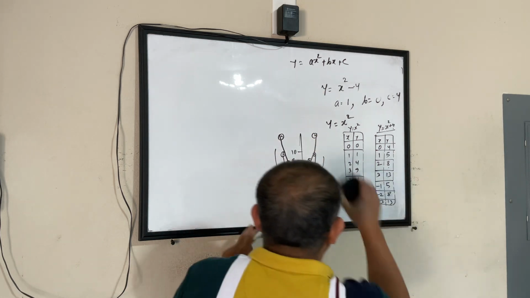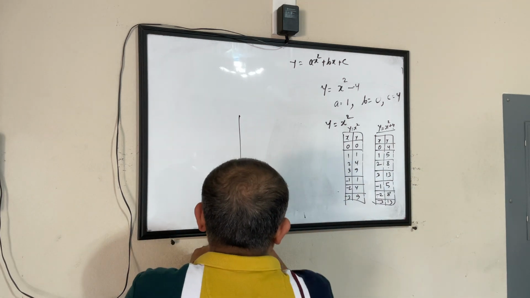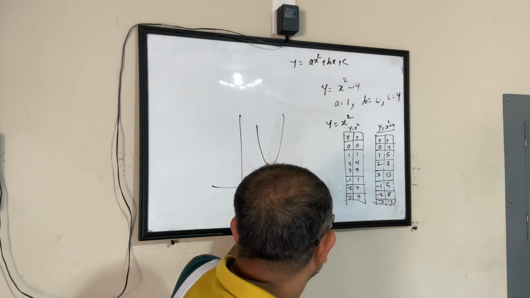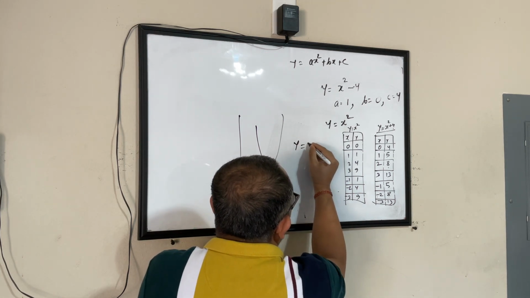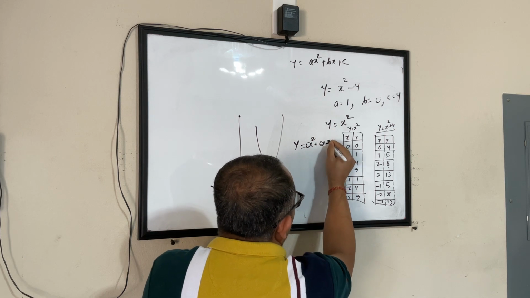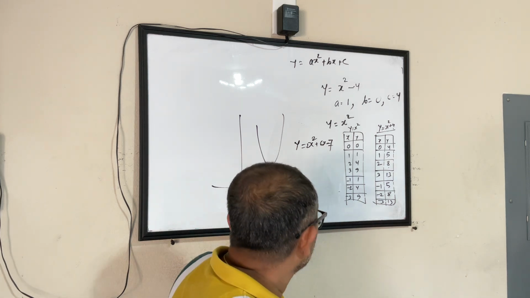Not every parabola starts from the origin, right? Let's say based on the equation, your parabola is here, which was y equal to 2x squared plus 6x minus 7. That was the equation plotting this parabola. I'm just making it up.